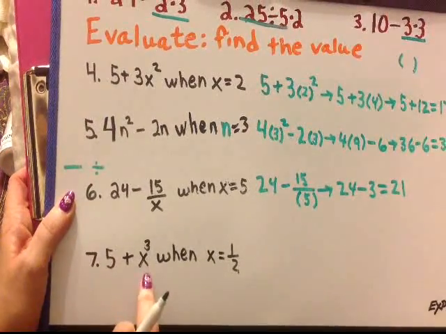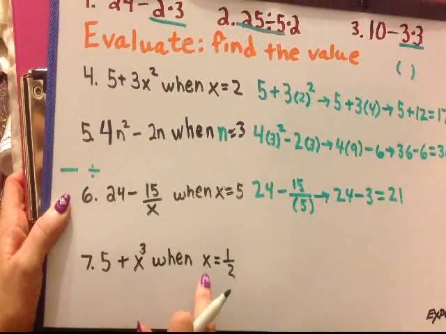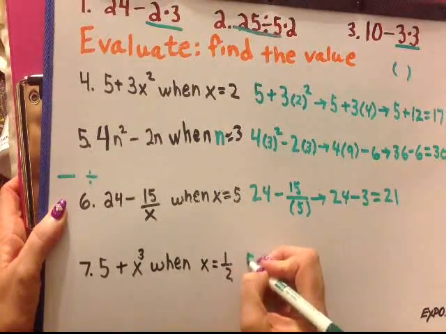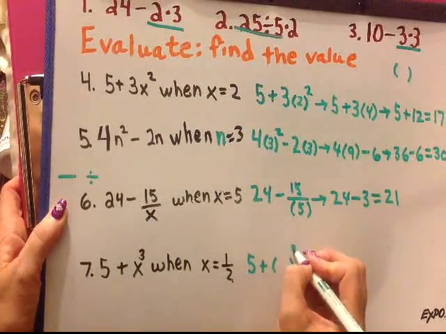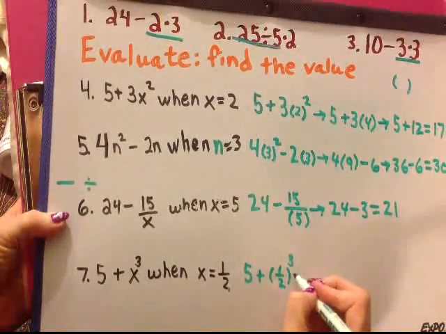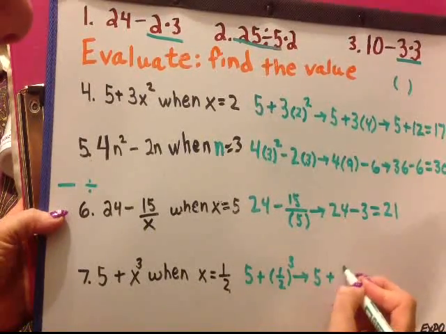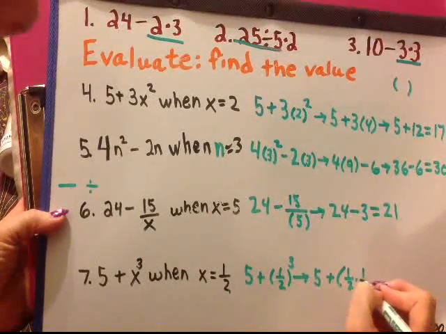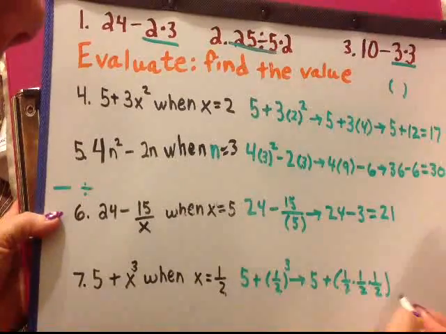5 plus x cubed, or x to the third power, when x equals 1/2. So 5 plus, here's parentheses, cubed, 1/2. Now this is an instance where it's going to be better for us to write this out. 1/2 times 1/2 times 1/2.